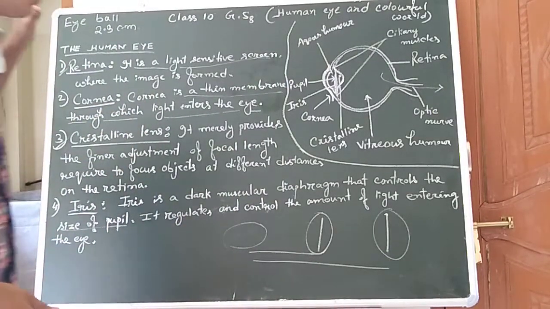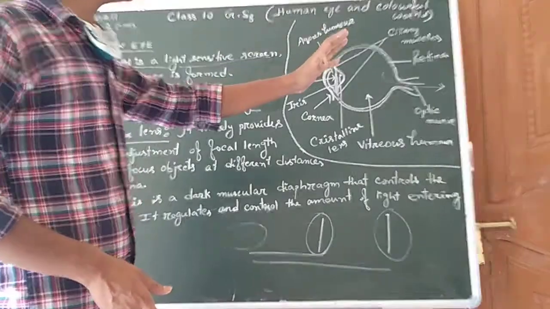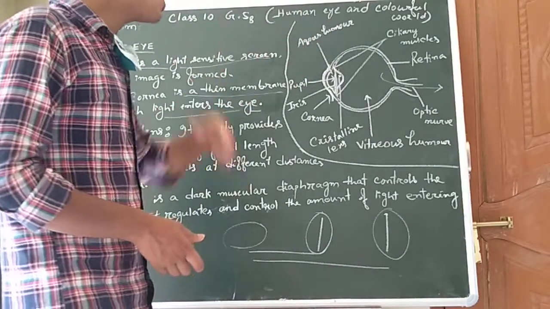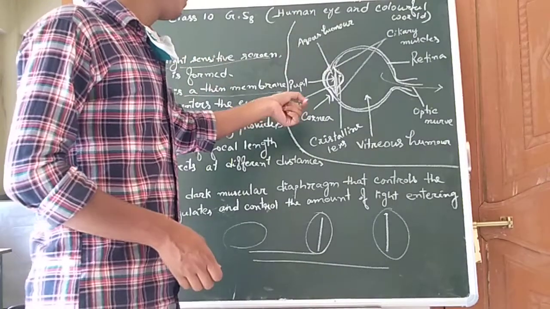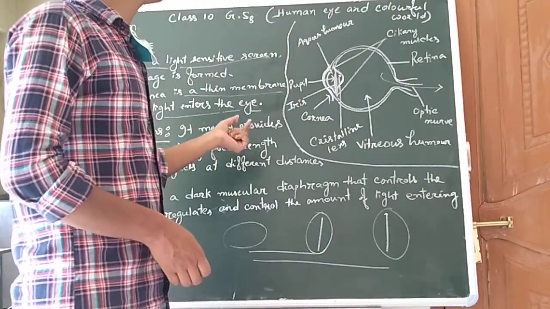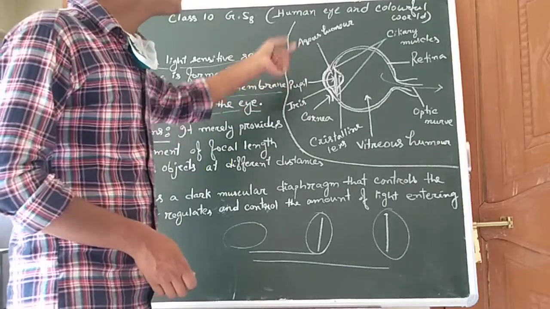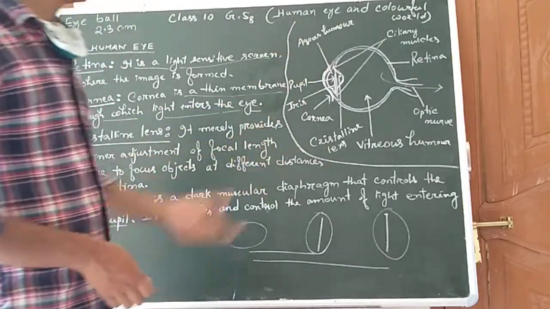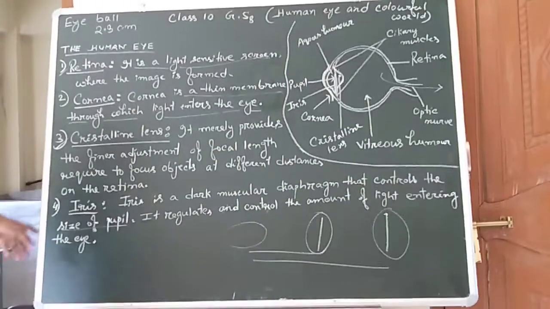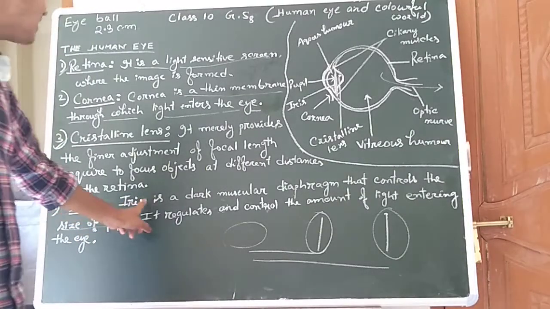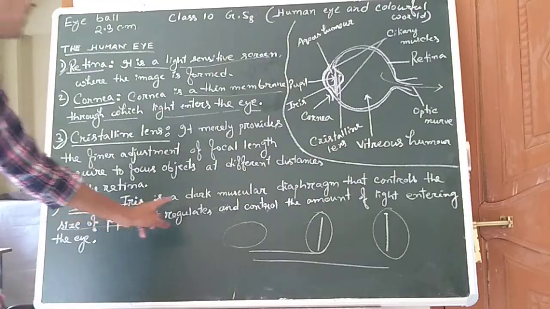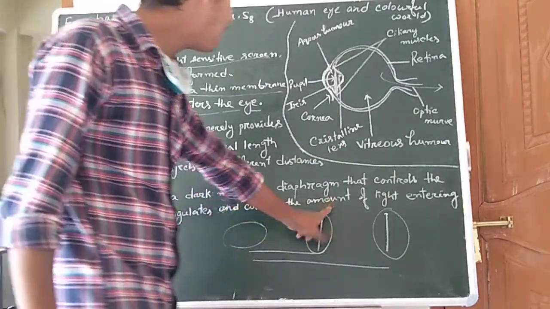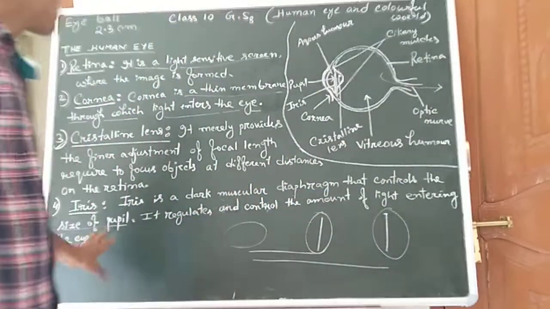When high intensity of light falls on our eye, the pupil size decreases. When small intensity of light falls on our eye, the pupil size increases to see the object. This function is done by the iris. So iris is a dark muscular diaphragm that controls the size of the pupil. It regulates and controls the amount of light entering the eye.